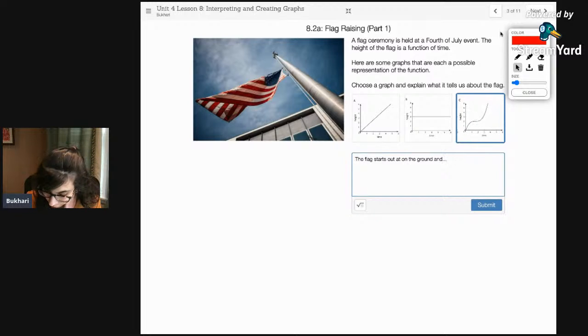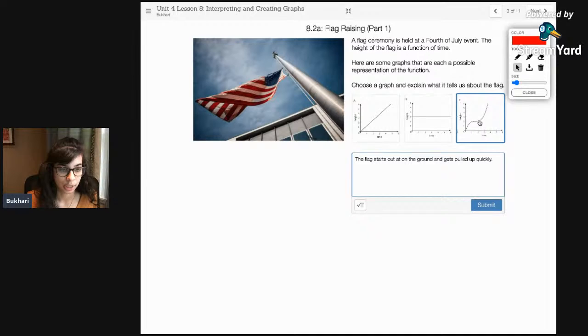It's going up very fast. Then after it gets pulled up quickly, we can see that it starts to level off a bit. From around 1 to 2, it doesn't really go that much higher. It kind of hangs around 2 feet.